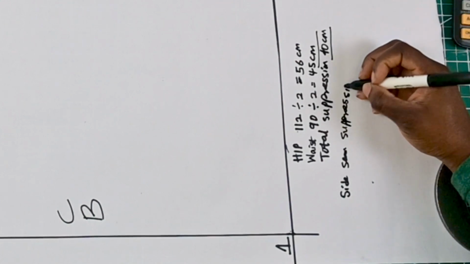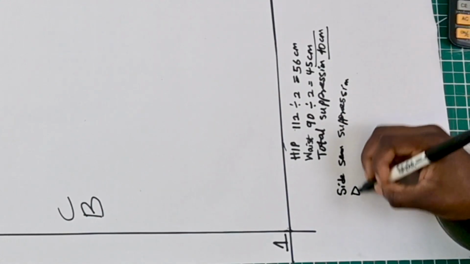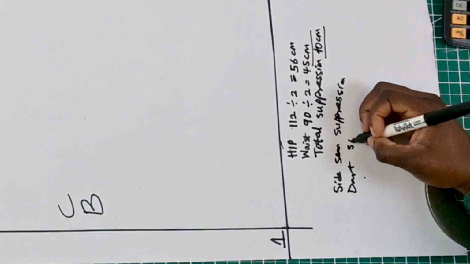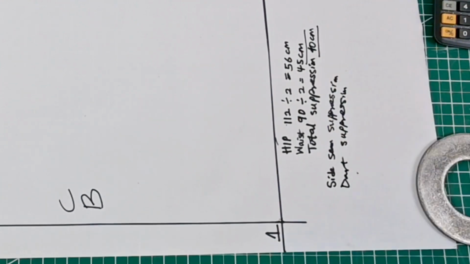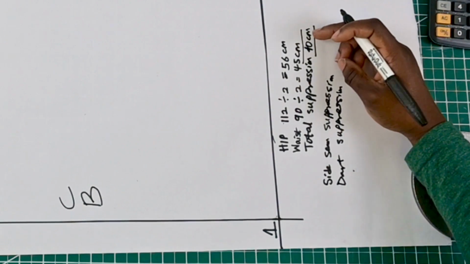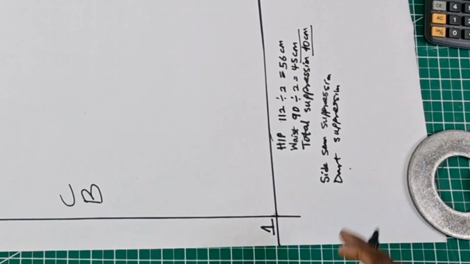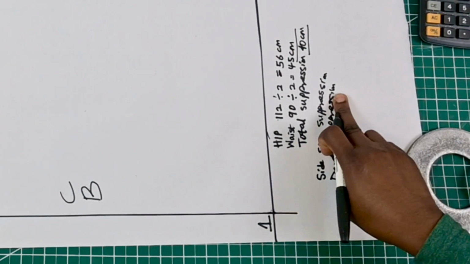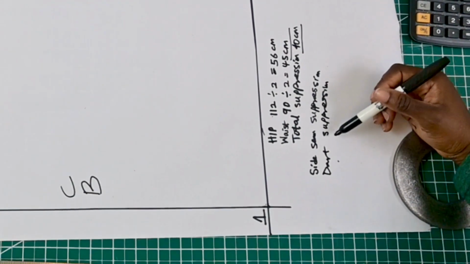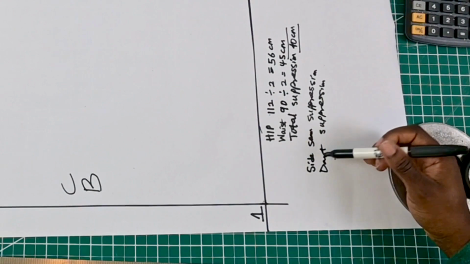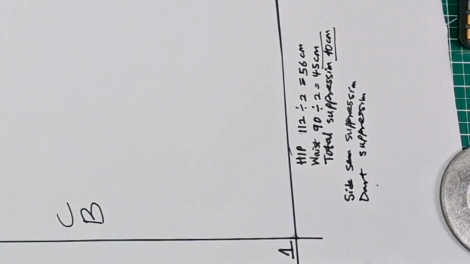We also need to divide it between our dart suppression. The side seam suppression needs to be smaller than the dart suppression by at least 1 cm. So it means that the dart suppression should be more than the side seam by at least 1 cm.